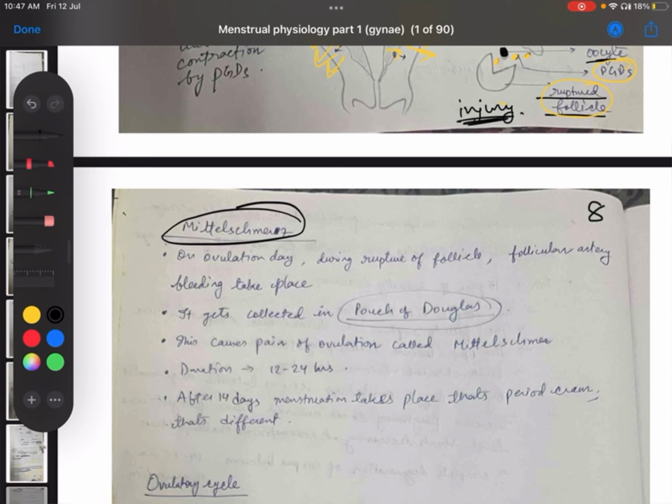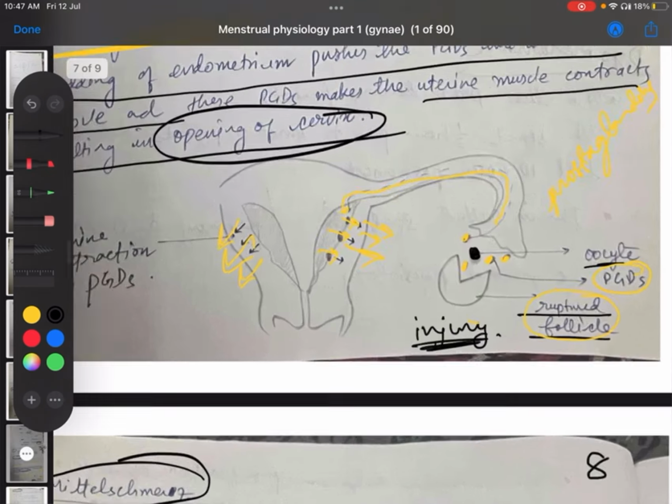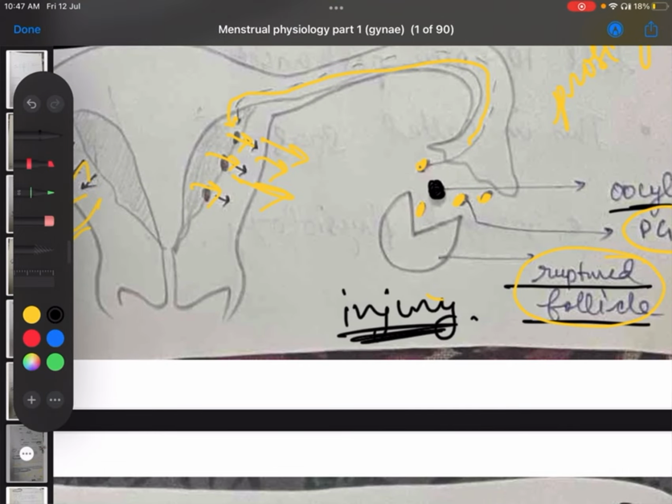On the day of ovulation, during rupture of the follicle, follicular artery bleeding takes place. Now, what is the follicular artery? The follicle is made up of various arteries. This is very normal. It is made up of various arteries called the follicular artery. Now, during the rupture, the follicular artery will also rupture.